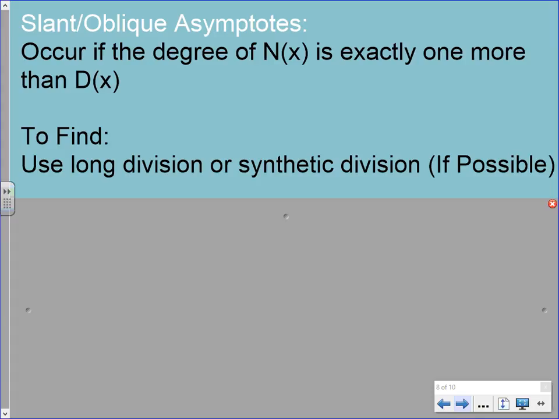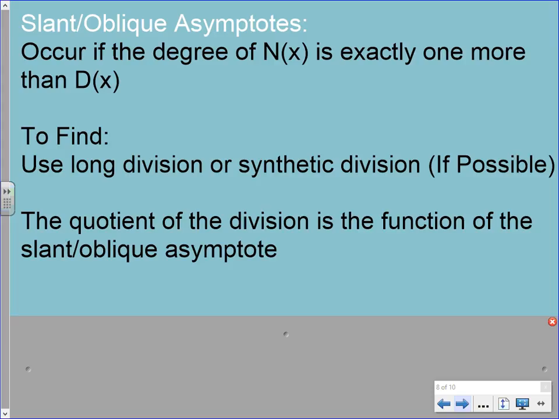Which means we can divide by the denominator, and that's what we're going to do. We're going to take the numerator divided by the denominator, and whatever the quotient is our asymptote. Remember, the quotient does not include the remainder, so we don't really care what our remainder is. We just want the quotient, okay?